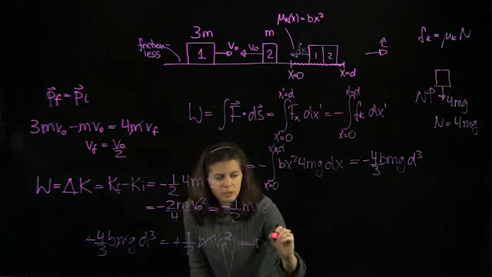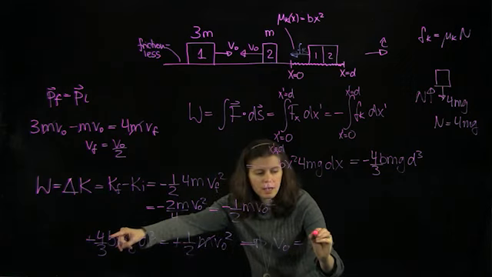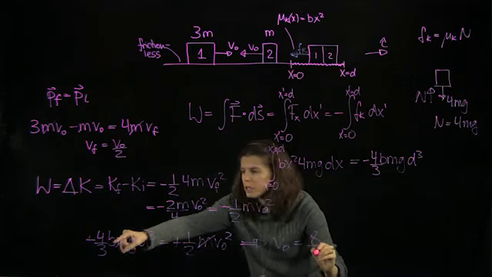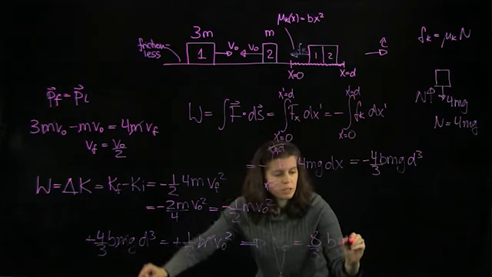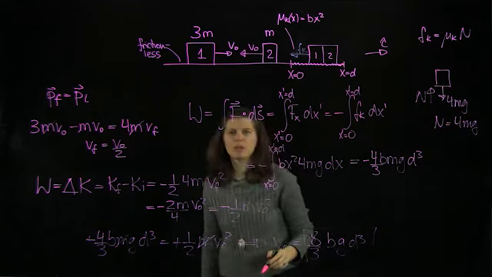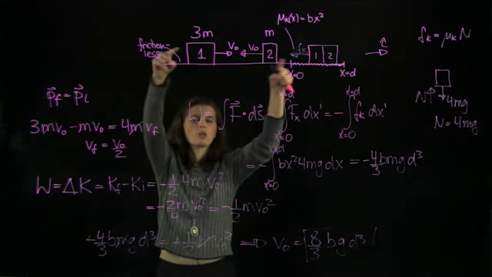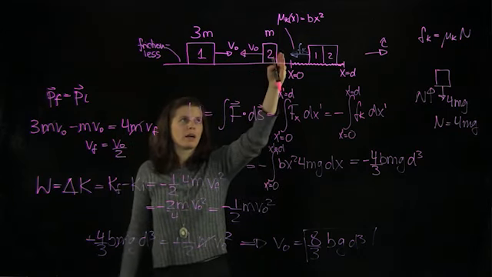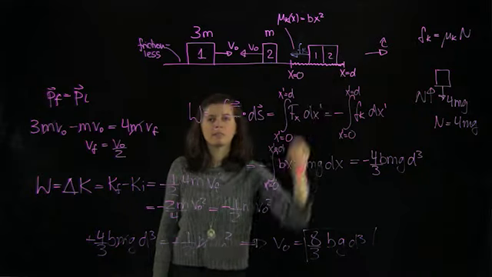And so we're going to get v0 equals the square root of 8/3 b g d cubed. So this is our initial velocity with which the two blocks collided initially, then eventually went onto this rough surface and came to rest here at x equals d.